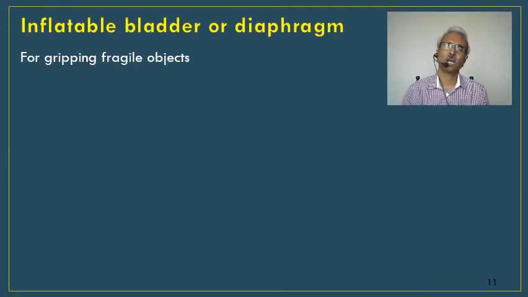So all the time we have been discussing mechanical or rigid grippers or fingers. Of course in case of a vacuum gripper it is soft, but what if the material is fragile, and you can't use a vacuum gripper, and you can't use a mechanical gripper either?